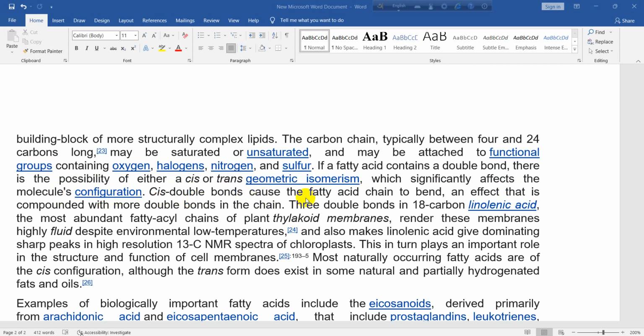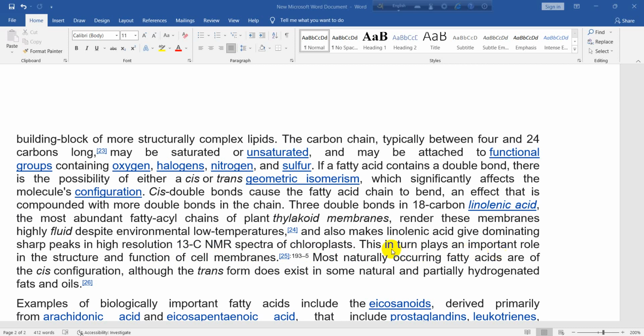Cis double bonds cause the fatty acid chain to bend, an effect that is compounded with more double bonds in the chain. The 3 double bonds in 18-carbon linolenic acid, the most abundant fatty acid chains of plant thylakoid membranes, render these membranes highly fluid despite environmental low temperatures, and also make linolenic acid give dominating sharp peaks in high resolution 13C NMR spectra of chloroplasts.